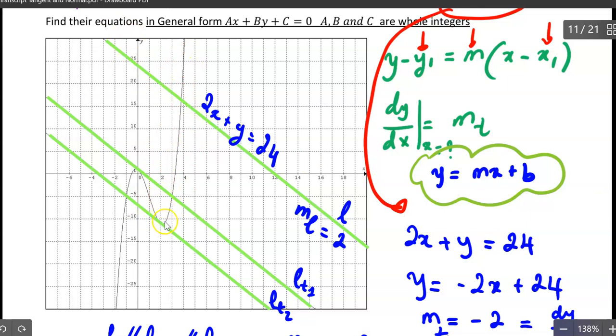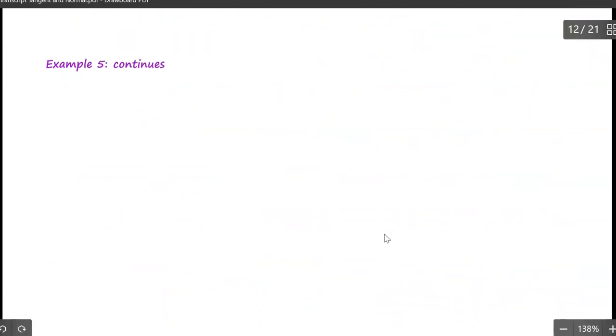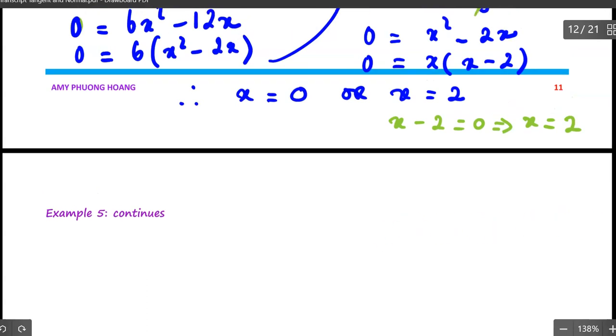When the tangent touches the curve, it should touch it at 2 points here. So this should be 1 point that is touched right there, and the other point that is touched is just right there. If I highlight it with purple, it's probably too thick and it shows that it cuts the curve at 2 points, but it should touch the curve, which is only 1 point. All right.